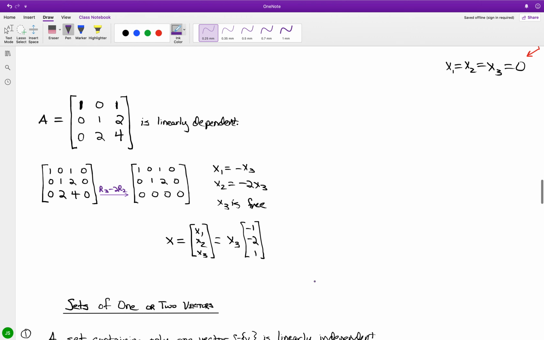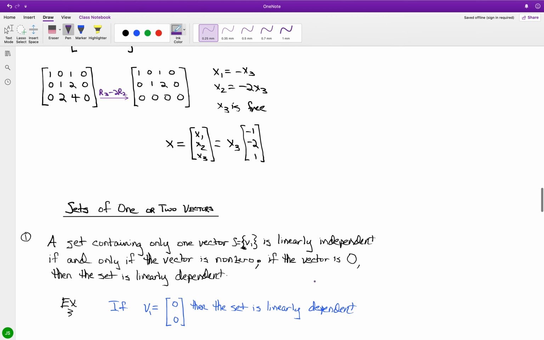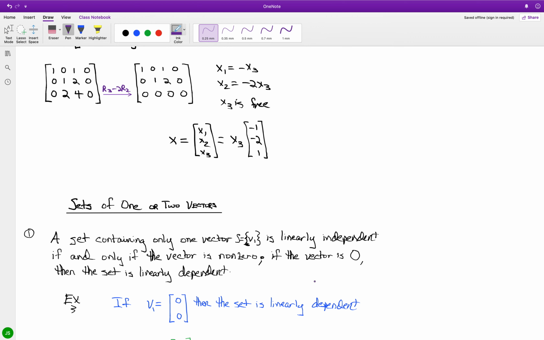All right, now regarding sets of one or two vectors, first a set containing only one vector. The set S consisting of v1 is linearly independent if and only if the vector is non-zero. However, if the vector is 0, then the set is linearly dependent.